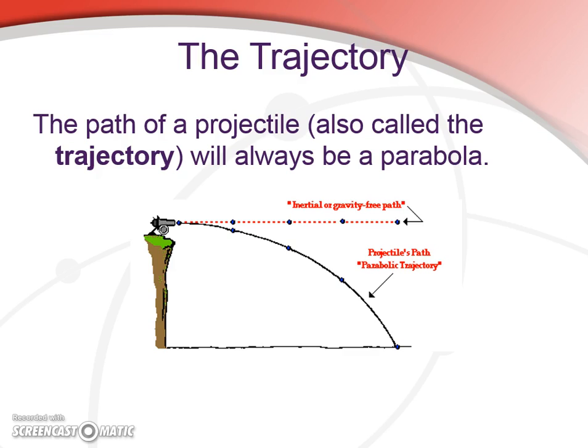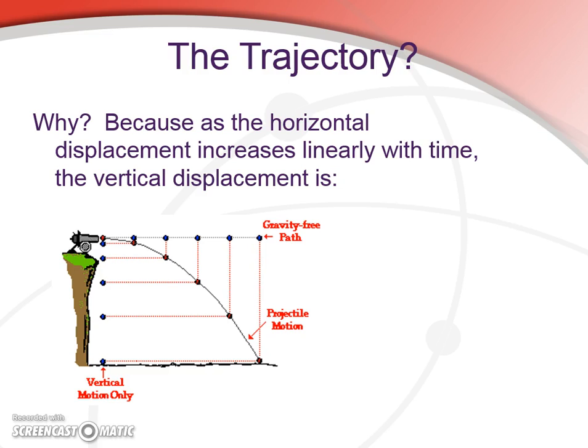And then the parabola below where the projectile moves downward due to acceleration due to gravity. This picture is perhaps a little more interesting. If we consider the movement, the gravity-free path, this is really the velocity in the x direction, right? And the vertical motion only, this is our y component of the motion.